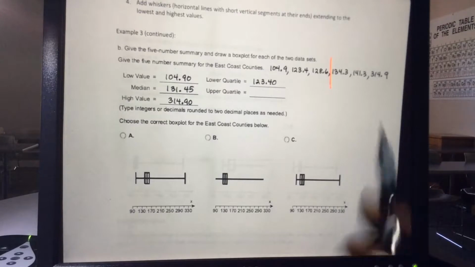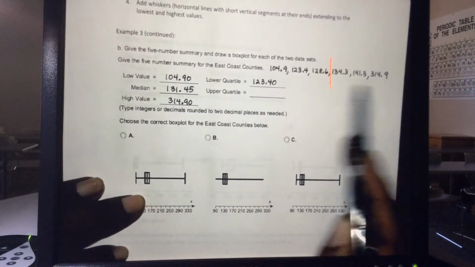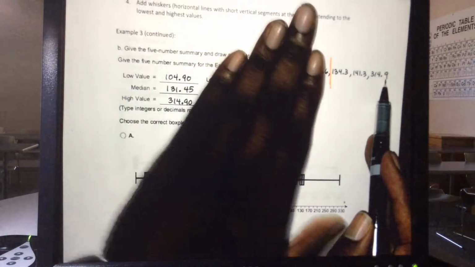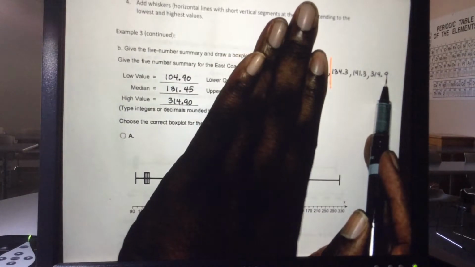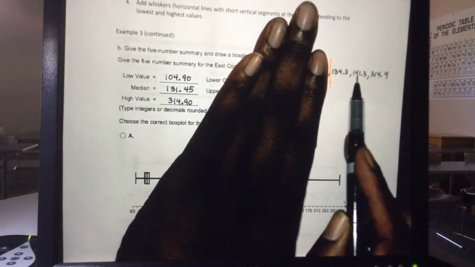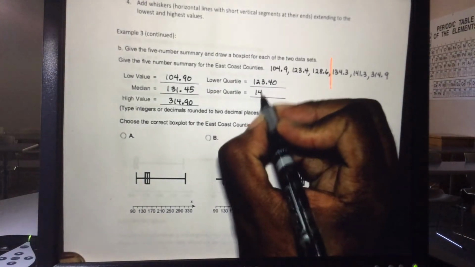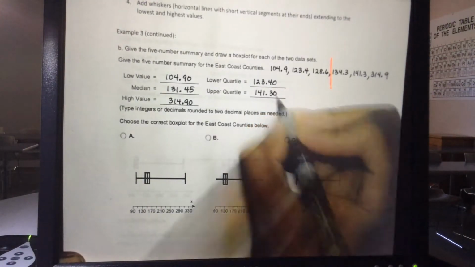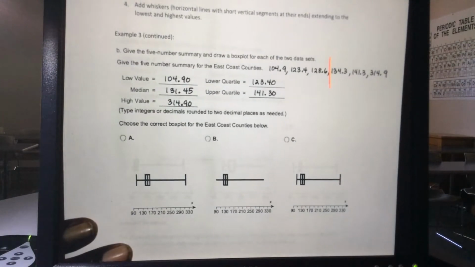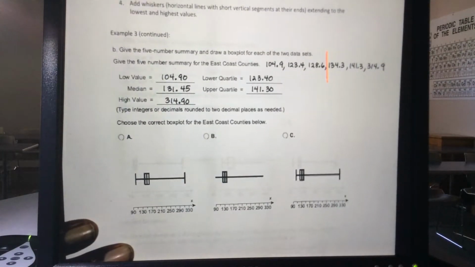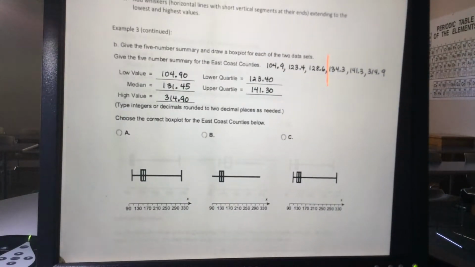And now for the upper quartile. This is the upper end. We need its median, or the middle number. In this case, 141.3. So it'll be 141.30. Okay, so that's the 5-number summary.